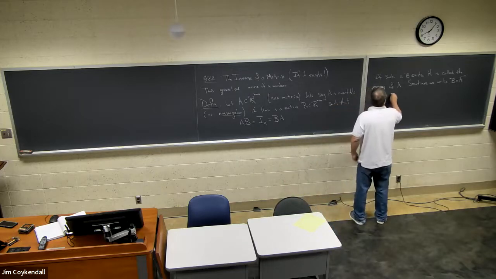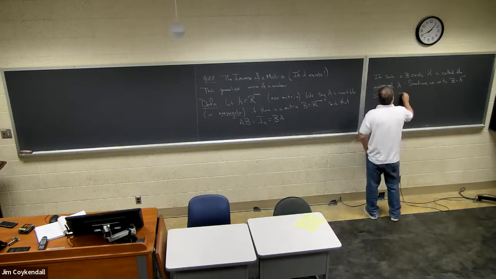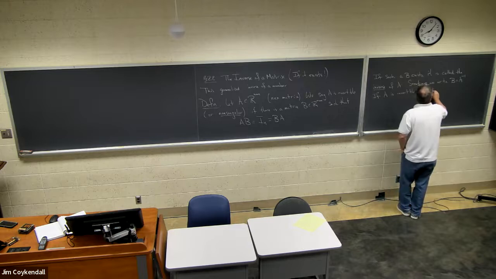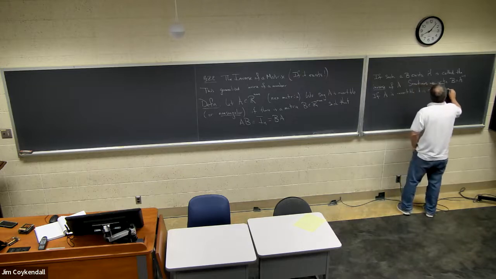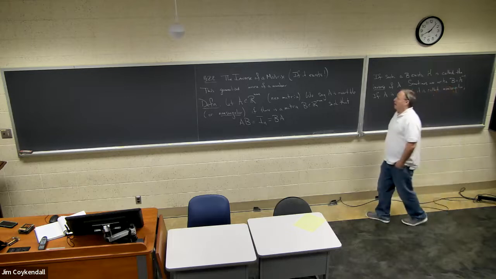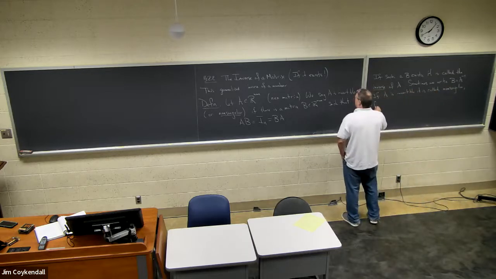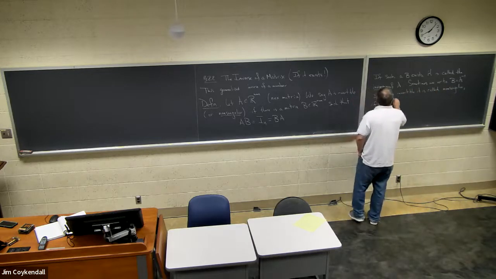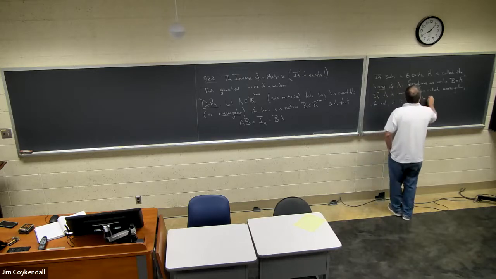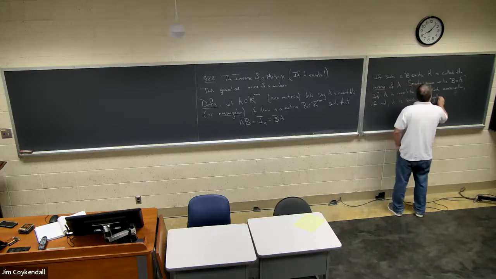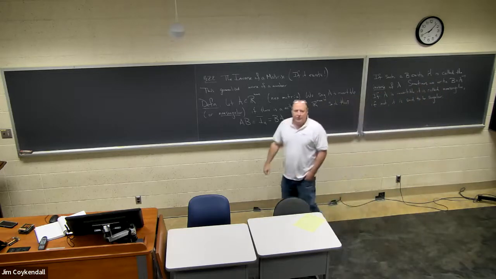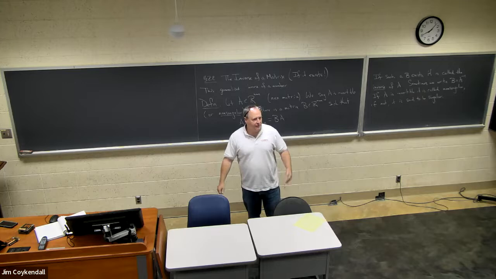If A is invertible, it's called non-singular, as I mentioned earlier. And if not, it is singular. So a singular matrix is just one for which you can't find an inverse.